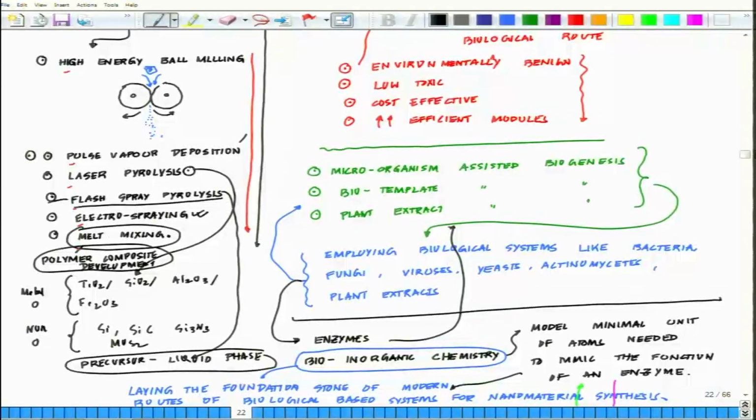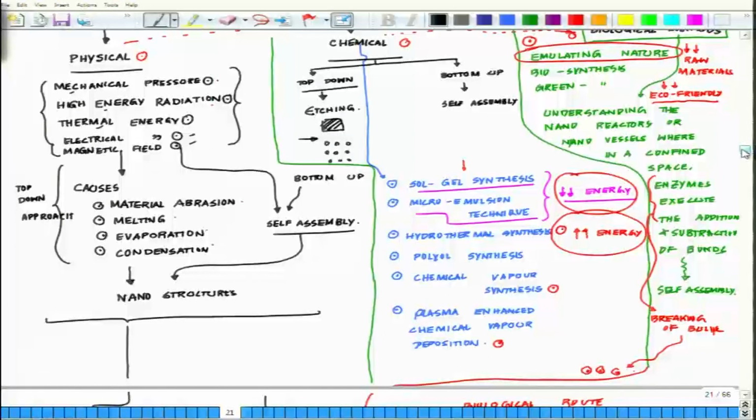for current industrial practices. So, overall, this is what we needed to understand about the physical methods of synthesis of nanomaterial, which find applications for high energy synthesis using physical forces, as I have already mentioned.